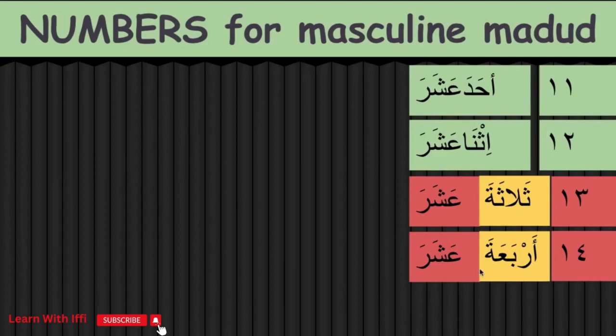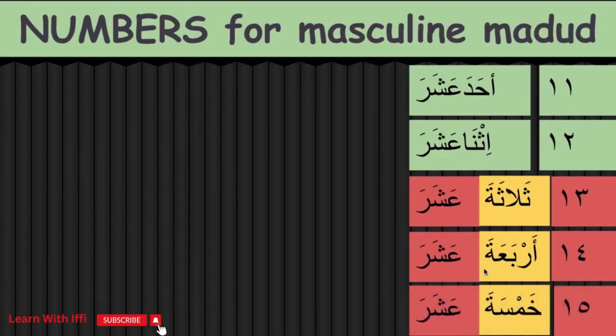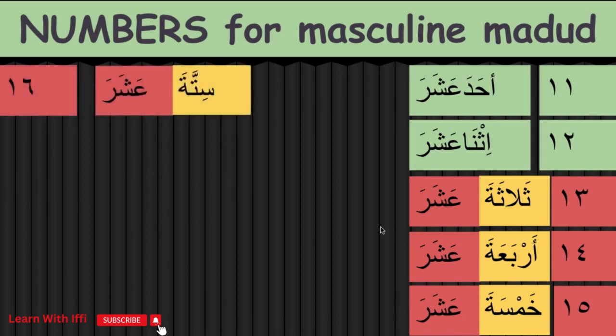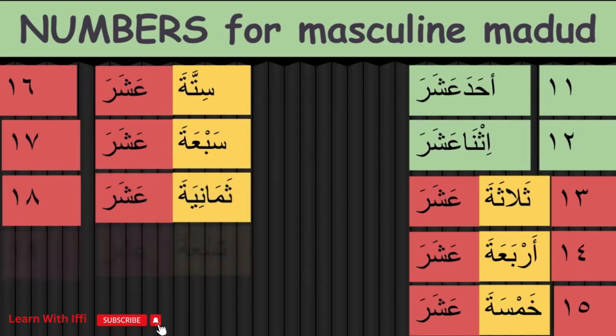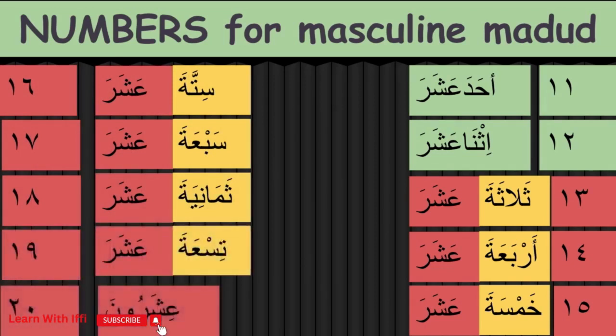Arba'ata ashara, khamsata ashara, sittata ashara for 16, sab'ata ashara for 17, thamaniyata ashara, tis'ata ashara, and then ishrun. Ishrun we're going to do later, but just to see that it has a different pattern, like jam' mudhakkar salim, mudarrisun, muslimun, the same pattern we will do later. So if we concentrate on 13 to 19, for a masculine ma'dud, the first number will be feminine and the ashara will remain masculine for a masculine noun.